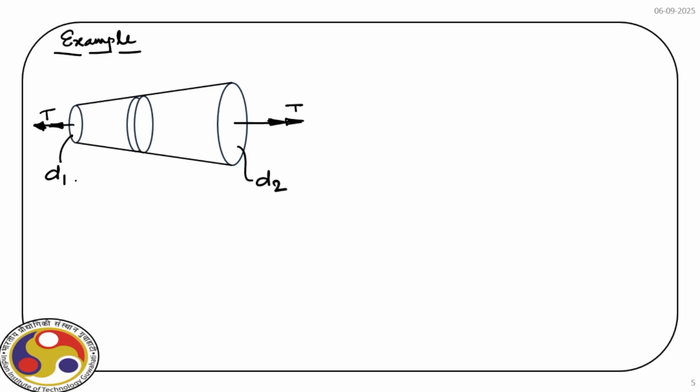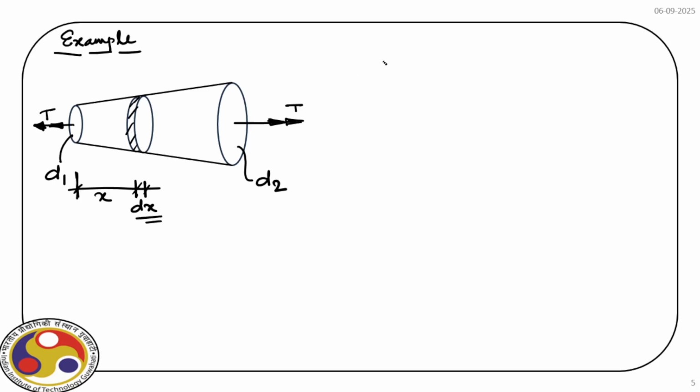So what we do, we again consider a segment. Here you can see at a distance x from the left end. We can consider from either end, it's not a problem. And the length of this small ring is dx.